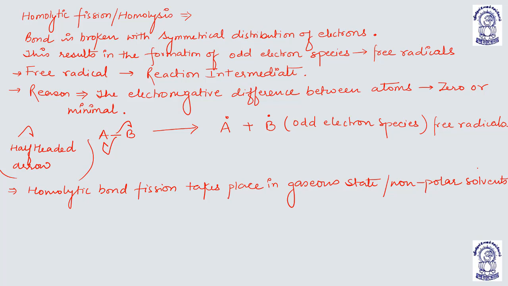So the homolytic bond fission takes place between the bonded atoms which are having very minimal electron density, or they are of identical electronegativities. So the bond cleavage goes very easy in gaseous state, because in gaseous state the homoatomic molecules have only one type of force, that is a van der Waals force or any other type of force. So the types of forces are very less in comparison in cases of non-polar solvents or in the gaseous state, and that is why the bond cleavage becomes easy.